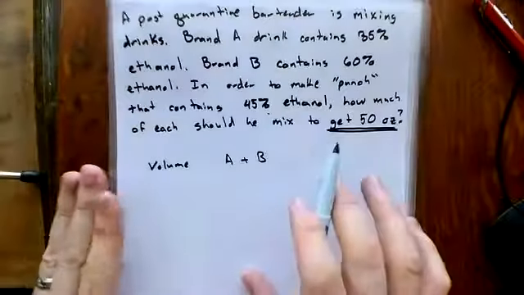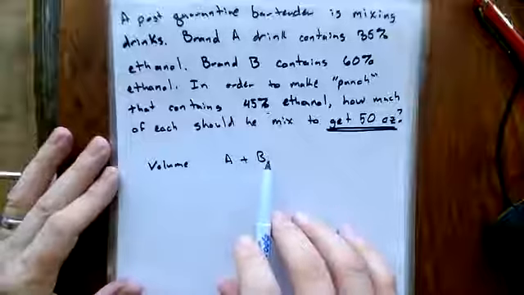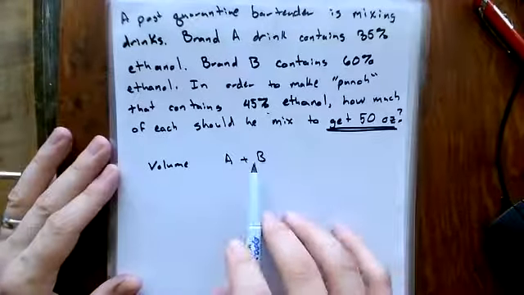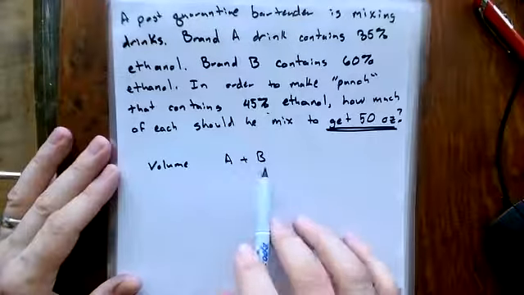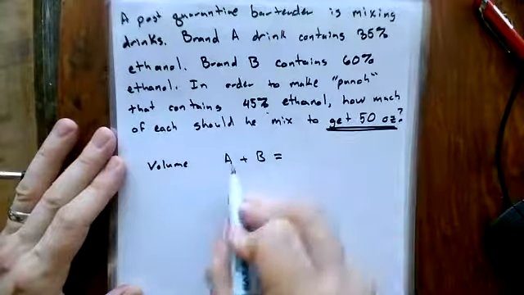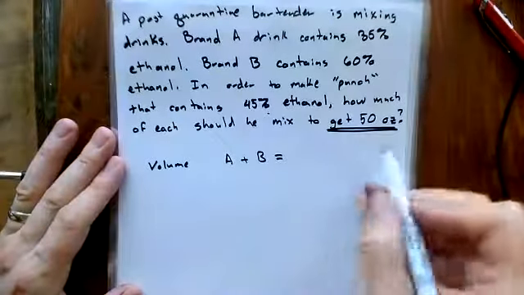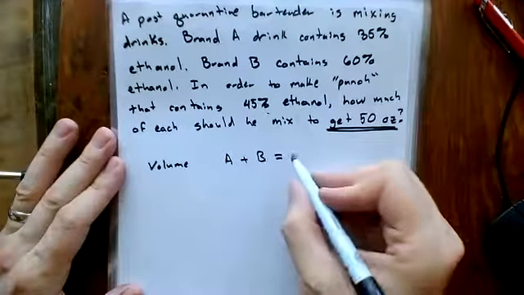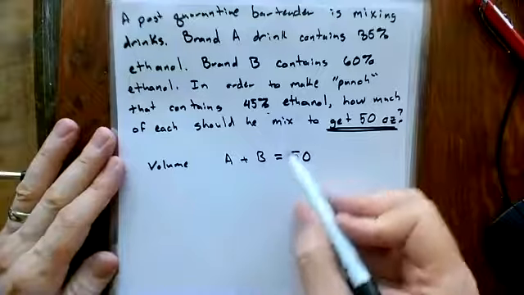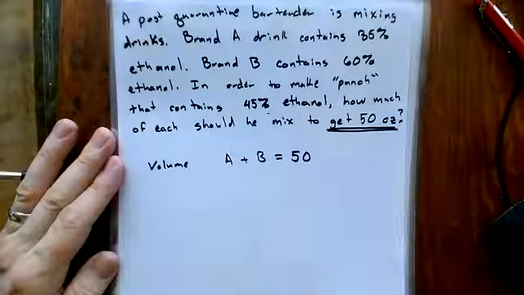X and Y are great for generic variables, but sometimes it's more helpful to name what they are. Anyway, I've got brand A and brand B, 50 ounces. Well, we know that's our grand total. That's how big our punch bowl is. That's how much we want to put in there.